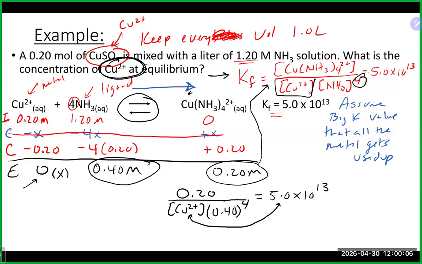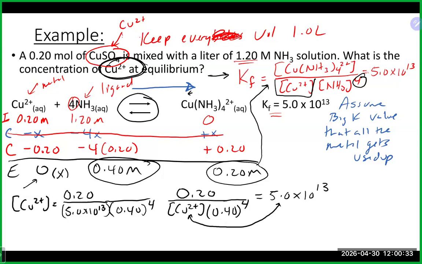So you're going to move the copper complex to the other side and divide by the 5.0 times 10 to the 13, and you will end up with the copper concentration equal to the square root, fourth root, of 0.2 divided by 5 times 10 to the 13 times 0.4, still remembering to take it to the fourth.